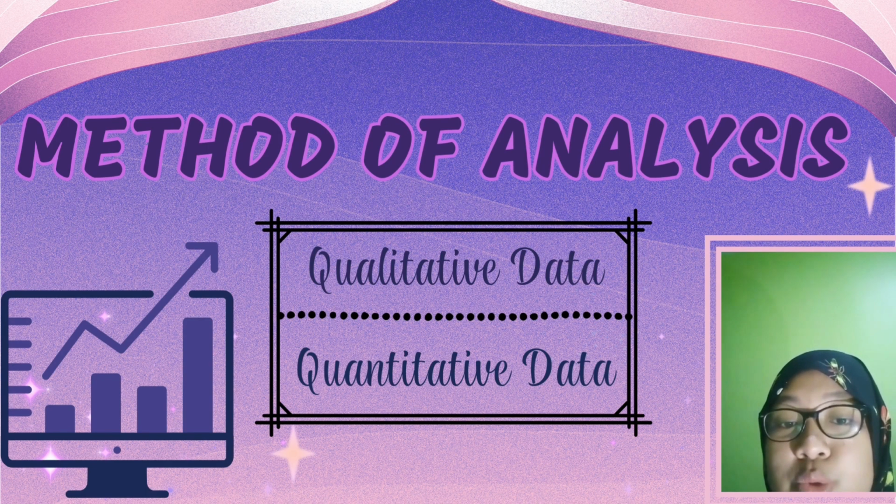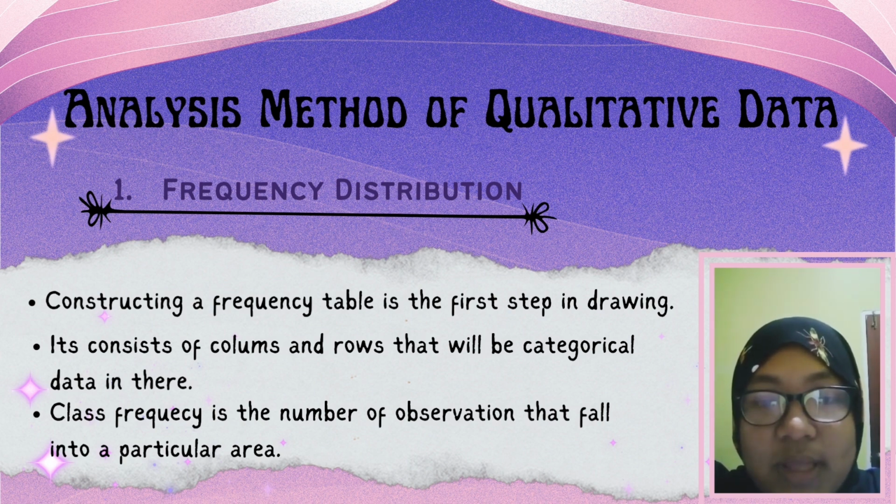I want to present the analysis methods required for qualitative data and quantitative data. In the analysis method of qualitative data, we have frequency distribution. Constructing a frequency table is the first step of drawing.